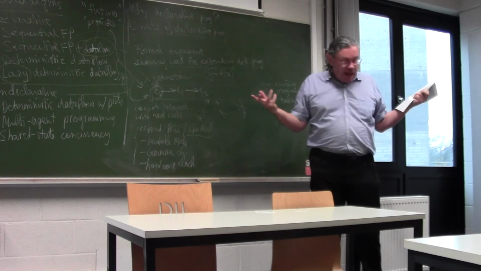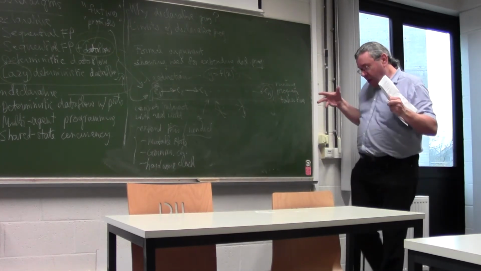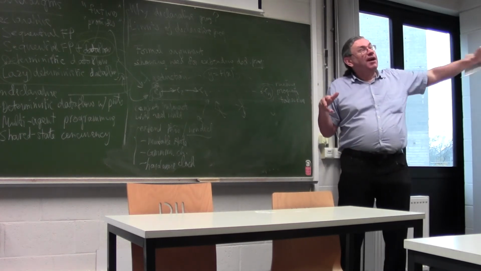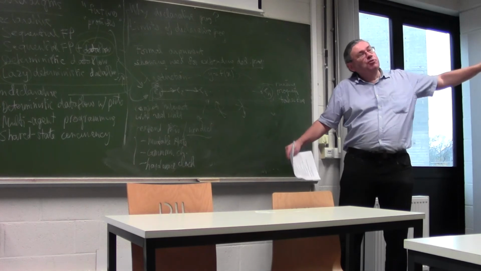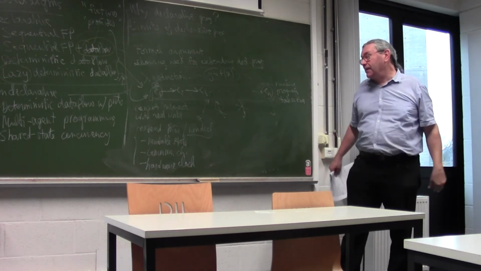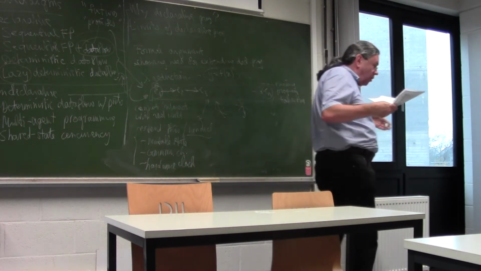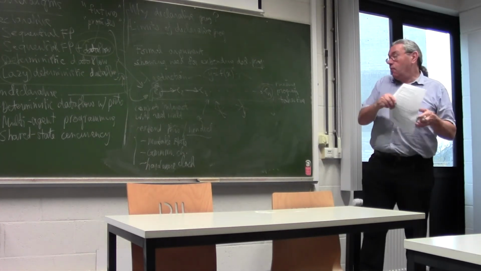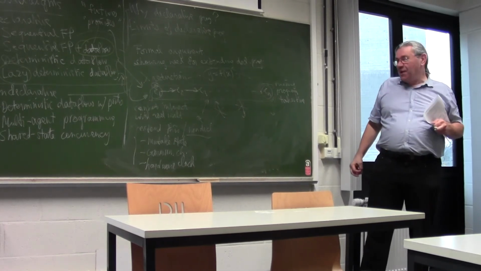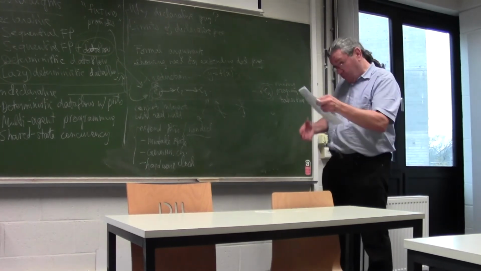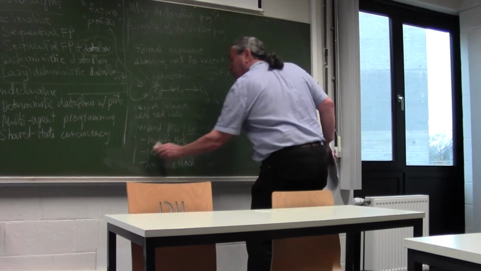Okay? Whereas in Haskell, you're supposed to be completely declarative, and the real world is just an annoyance. It's something that you have to handle, but you don't like it. It's kind of on the side. Whereas in Java, you accept the real world, and your whole program is actually part of the real world. Okay, so it's a philosophical difference. Okay, so different languages solve it in different ways. Okay, so that's something we saw.